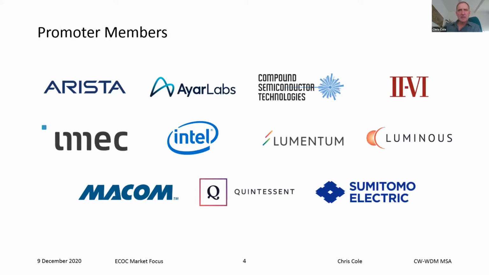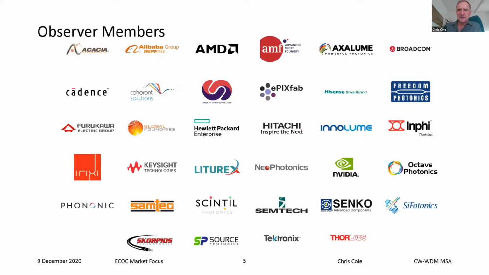Here are the promoter members. There's 11 of them. Again, I'm not going to go through this. This is on the website. You're welcome to peruse, including contacts from all these companies. And here are the observer members. Again, a lot of interest, but it was easier for all of these folks not to have to deal with NDAs and agreements.